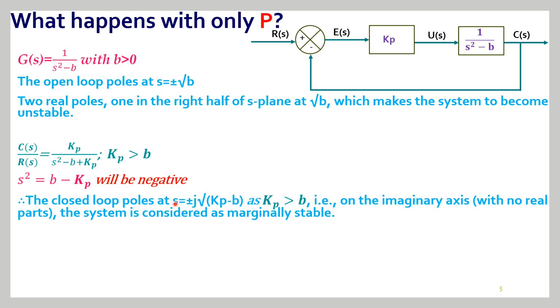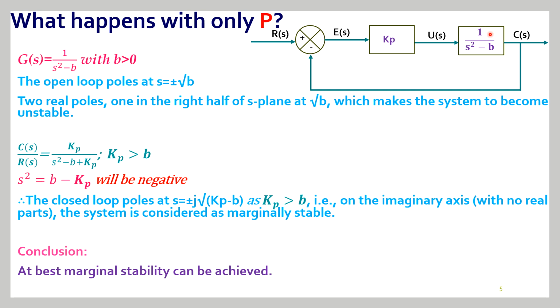These are my closed loop poles, and the closed loop poles are placed on the imaginary axis. So the system is marginally stable. But my objective is to make the system stable. With a proportional controller, an unstable system is only shifted to a marginally stable system. This is the maximum we can do with the P controller.